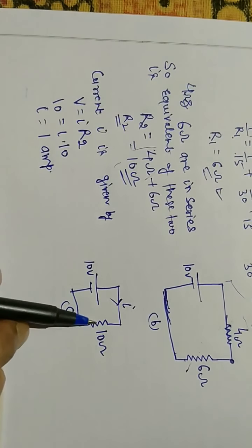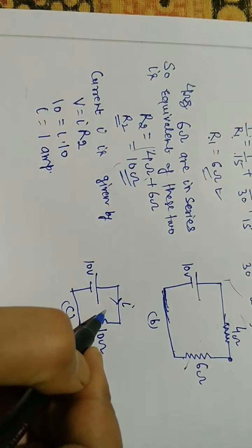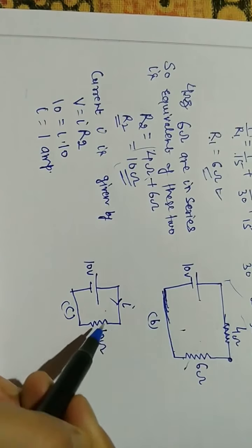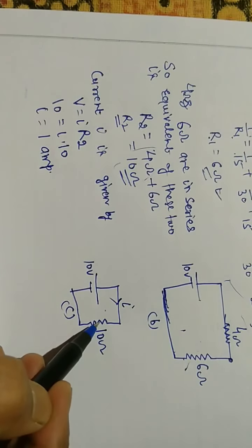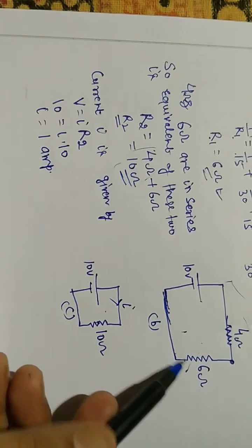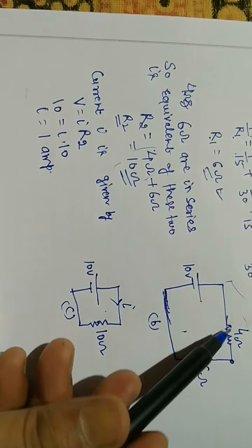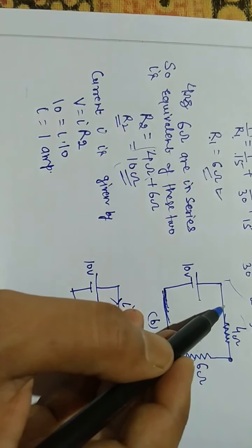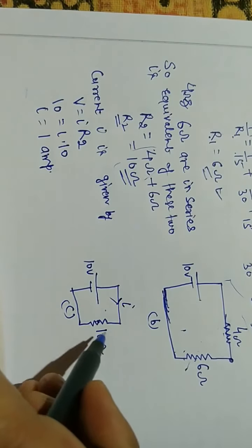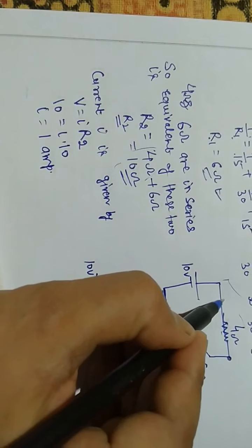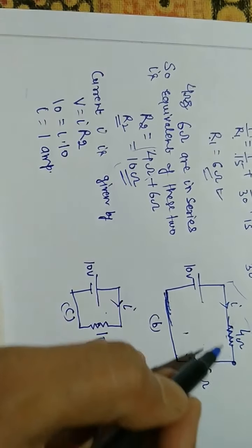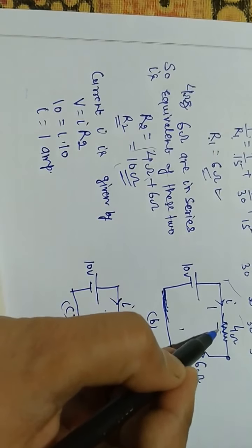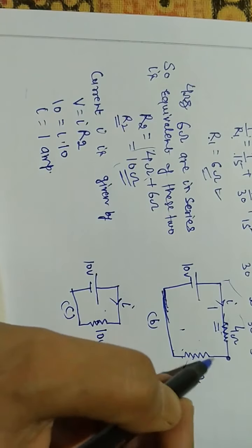If we see this diagram, you can see this 10 ohm is broken into two parts in series, 4 and 6 ohm, and in series combination current remains the same. So I remains the same here. It means 1 ampere in 4 ohm and 1 ampere in this 6 ohm.